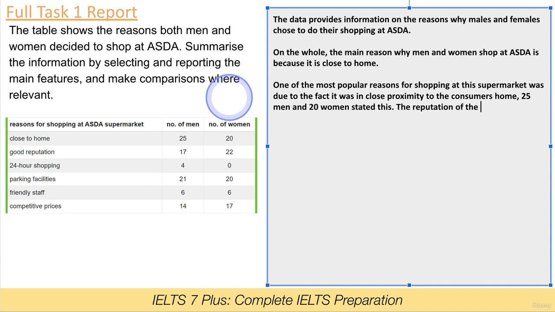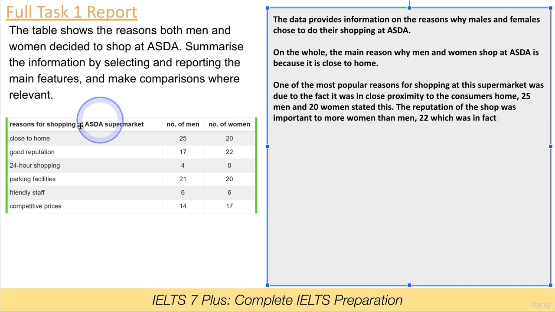The reputation of the shop was important to more women than men. 22, in fact. And then we could say, which was, in fact, 5 more than men. Okay, so good reputation. And then we want to go to parking facilities.